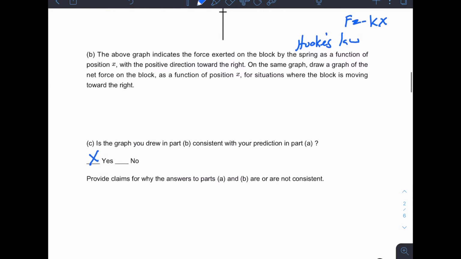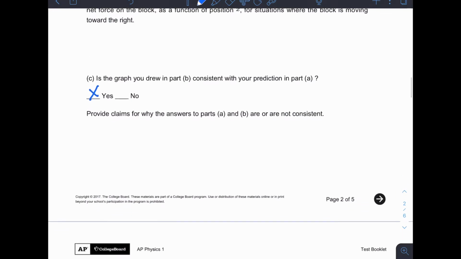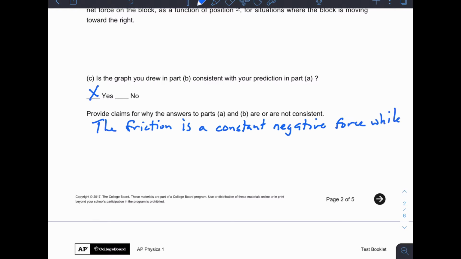Okay, and the claims for Y. The friction is a constant negative force while the block moves.